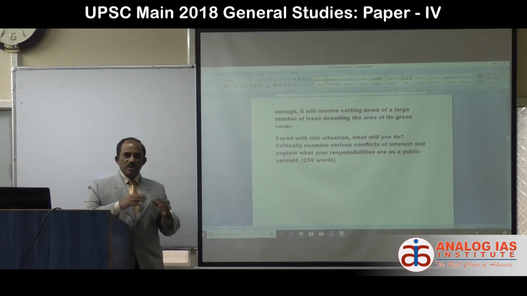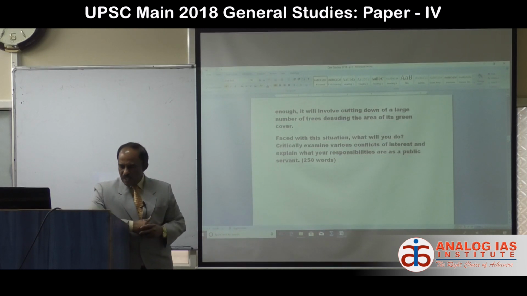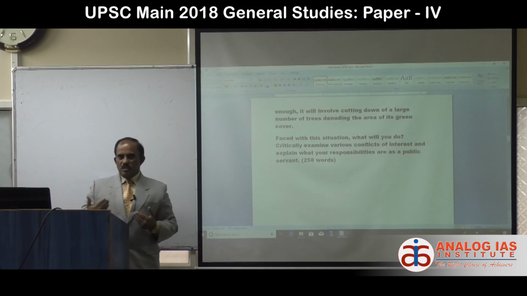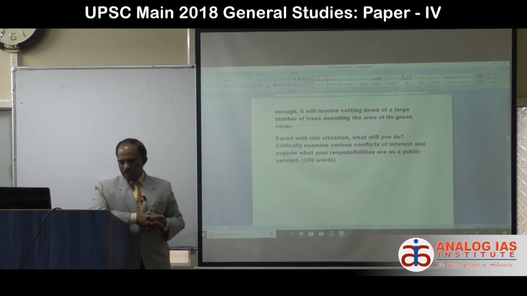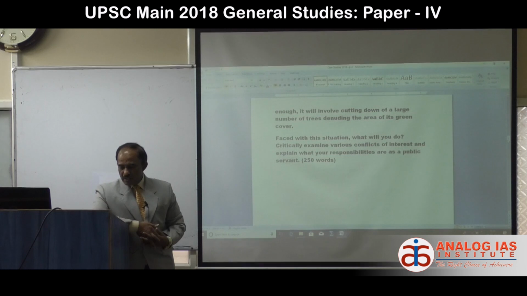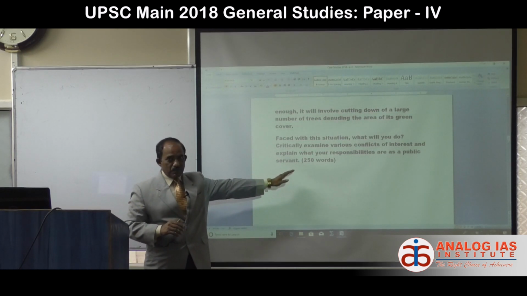So that is also a conflict of interest. The fifth one is public loss and private gain. And here, the public are going to lose if this is revealed or if you go by the advice of the minister. The sixth one is improper use of public property. Here, the financial burden will be on the state if the alignment is changed. So, these are the 6 areas of conflict of interest.